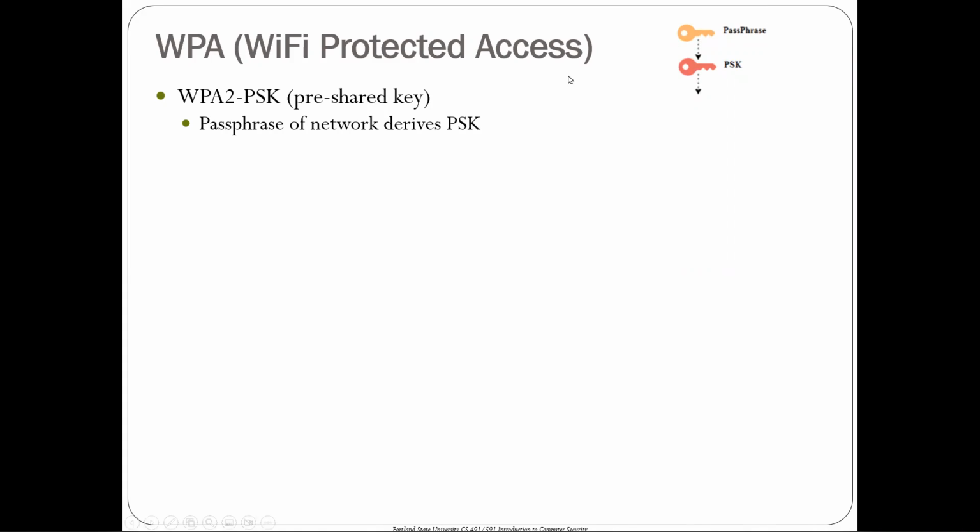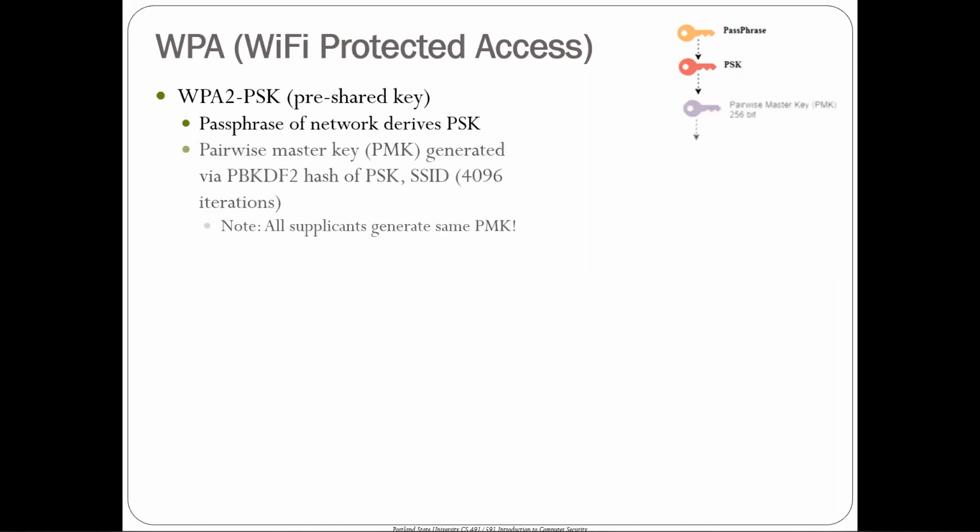The passphrase derives a pre-shared key, and that key is shared between the client and the access point by knowledge of the passphrase that you use. From that pre-shared key, a pairwise master key is generated, which is this password hash of the PSK and the SSID with 4,000 iterations.